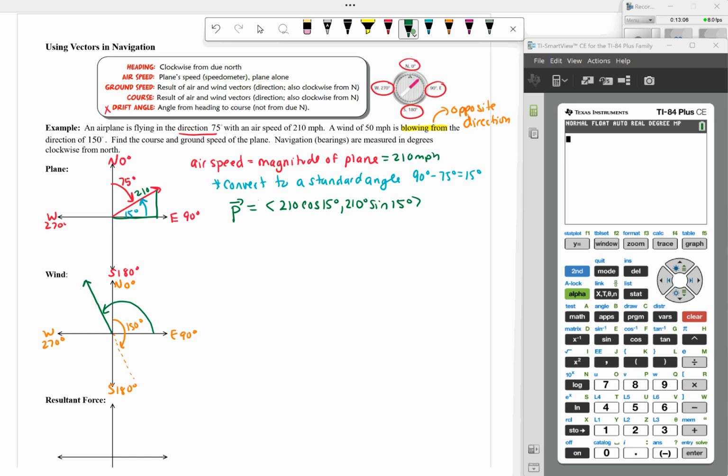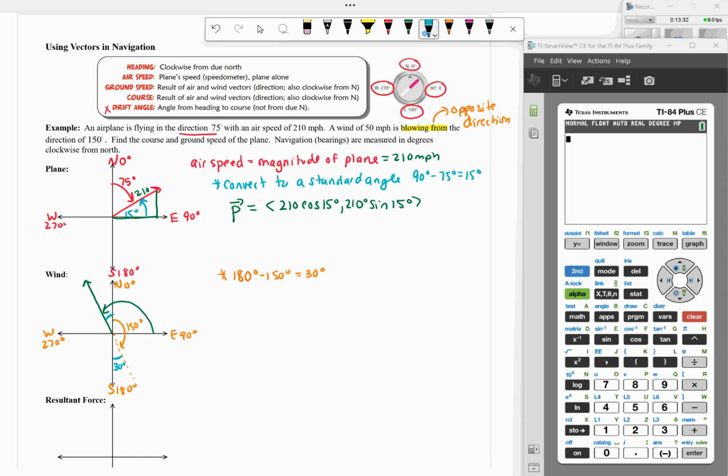So a couple different things you can do. So you know that all the way from clockwise due north, if we go all the way around to south, that makes 180. So for this one, we would have 180 degrees minus 150 degrees, which is equal to 30 degrees. So that tells us this angle measurement down here is 30 degrees. So if that's 30, then we know these are vertical angles.